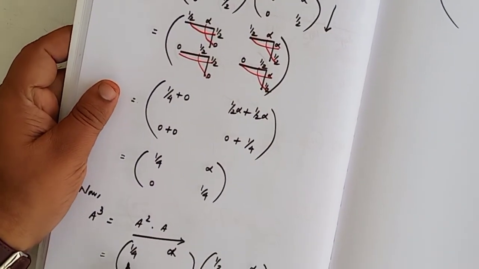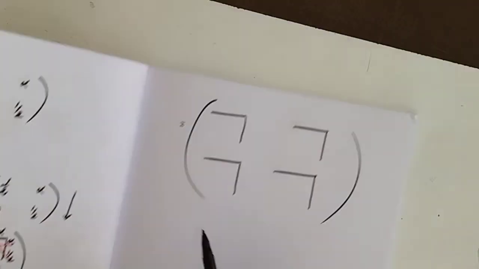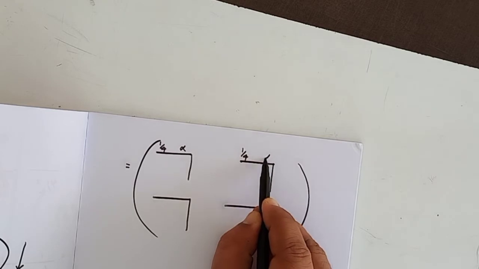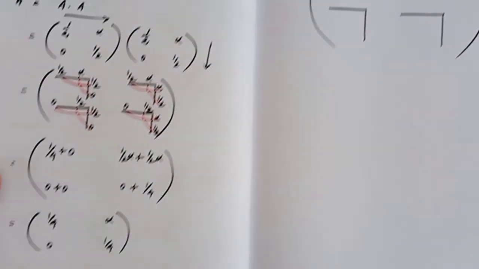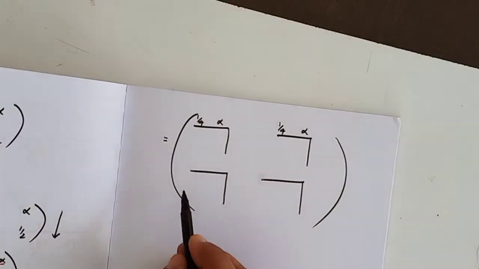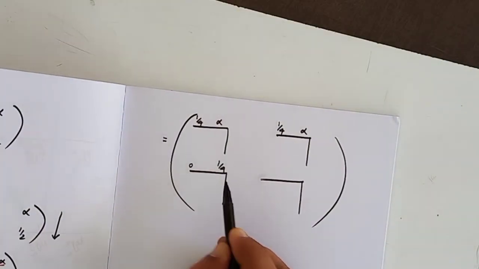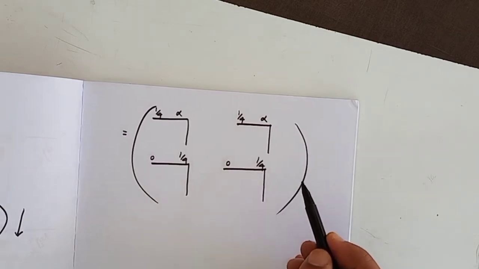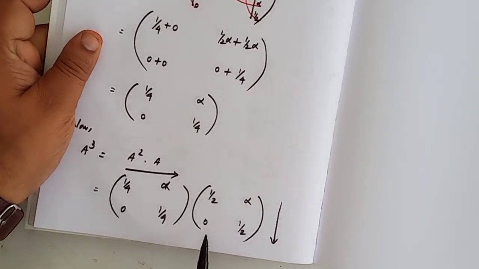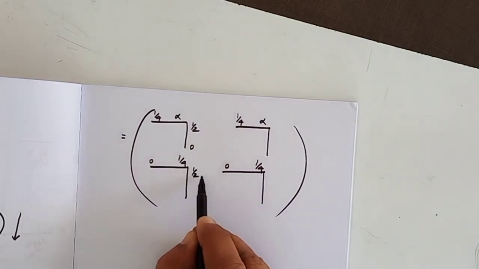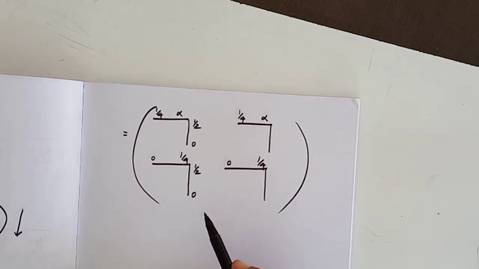First matrix, first row 1/4 alpha, 1/4 alpha, here also 1/4 alpha. First matrix, second row 0 1/4, 0 1/4, here also 0 1/4. Second matrix, first column 1/2 0, 1/2 0, 1/2 0.